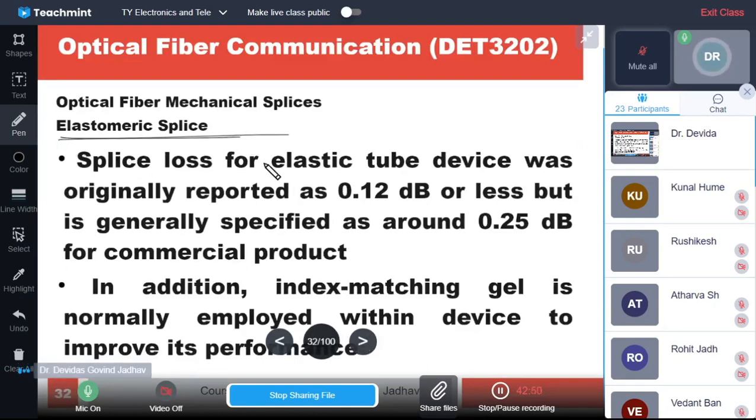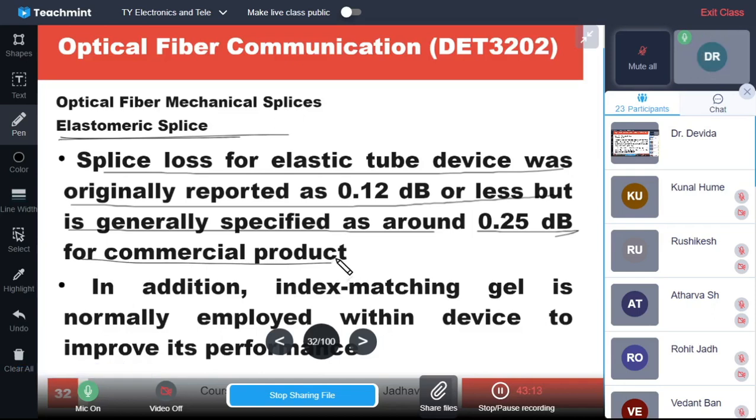In the elastomeric splice, the loss for the elastic tube device was reported as 0.12 dB or less, and is generally specified as around 0.25 dB for commercial products. So in the laboratory 0.12 dB is achieved, but commercially 0.25 dB or less. Commercially means in the field when it is in use.